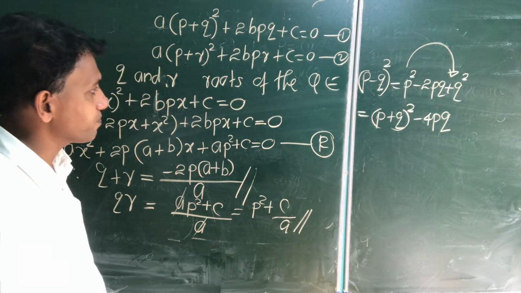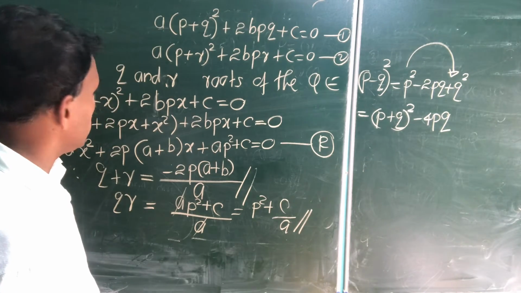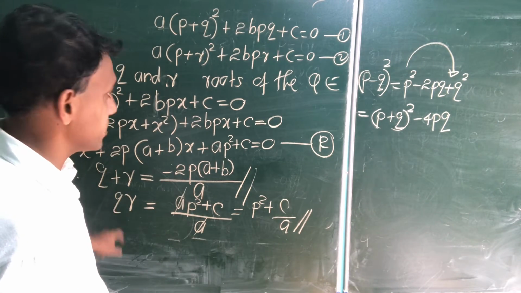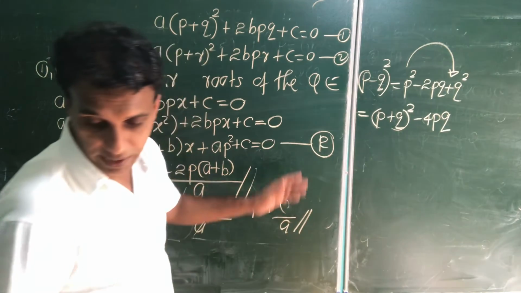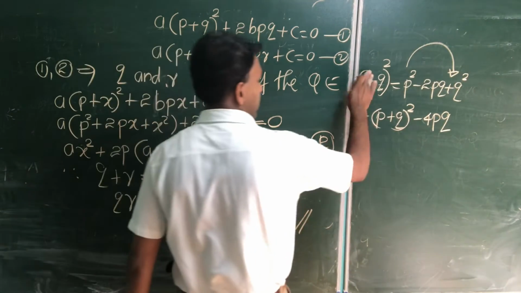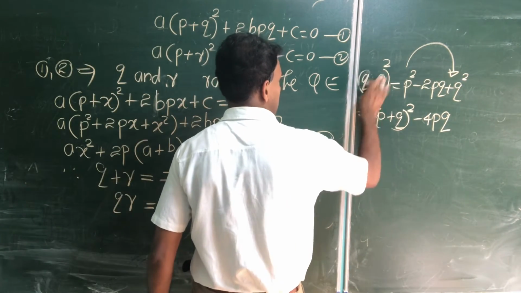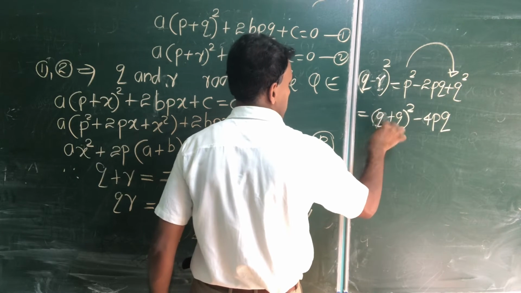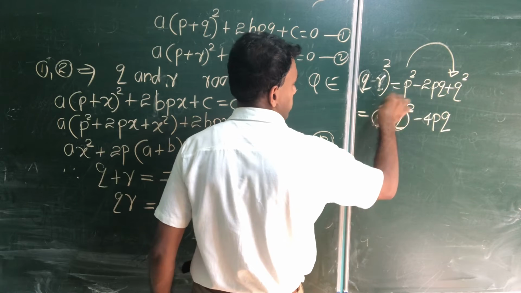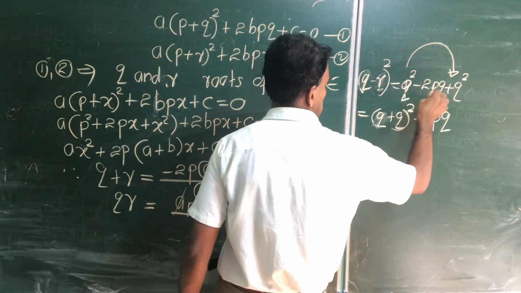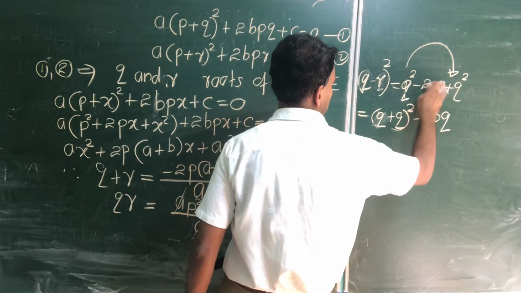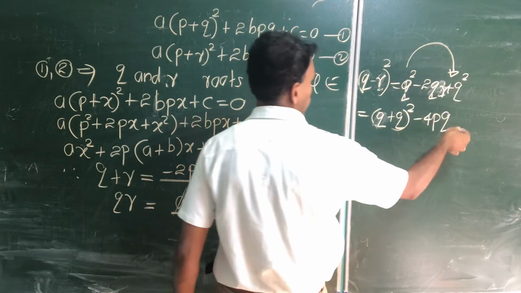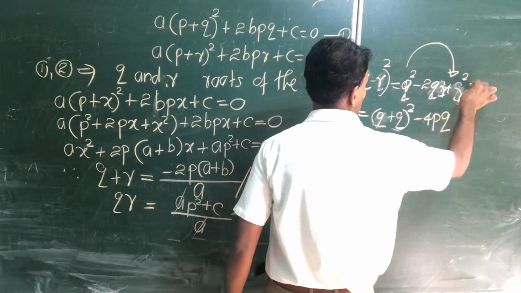I missed that q. What is that? Q minus r, not the p. Q minus r. Okay. So then here q square minus 2qr plus r square.